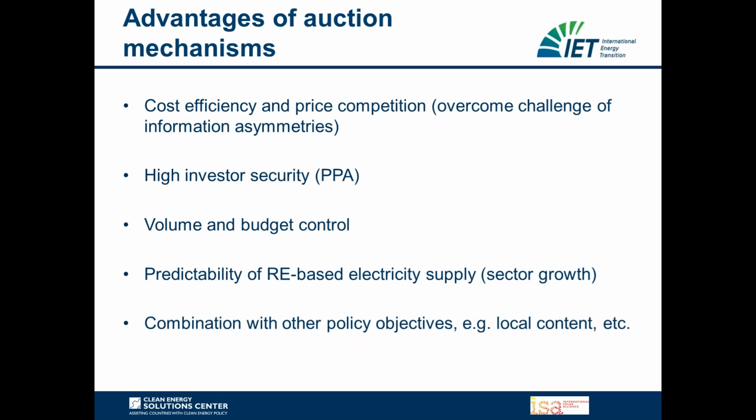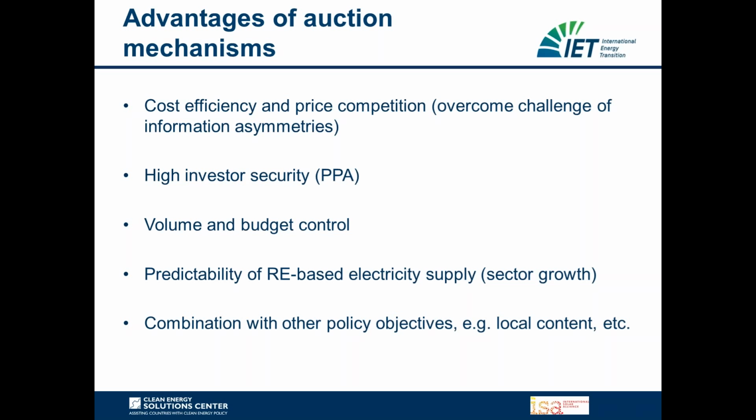So you actually have to foresee prices for a year or two from now, which is also what participants in auctions do. So when you see the auction results that have been published in the last couple of months and years, for instance, 1.79 cents per kilowatt hour for solar PV in Saudi Arabia, you always have to keep in mind that people that offer these projects are actually anticipating further cost decreases for PV modules, for inverters, and so on.